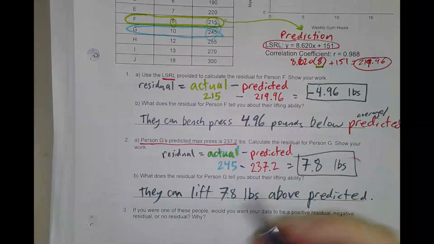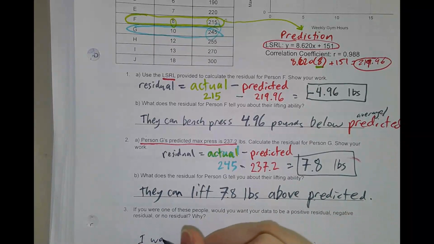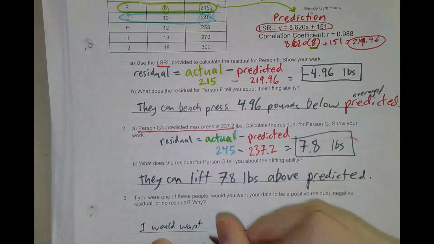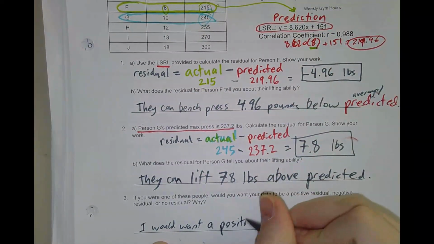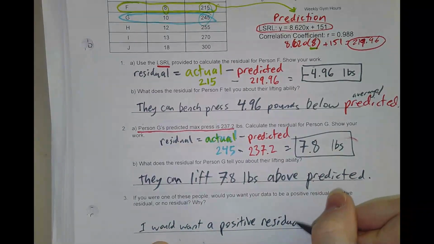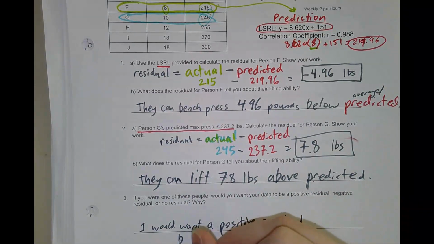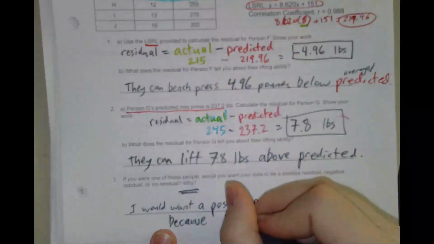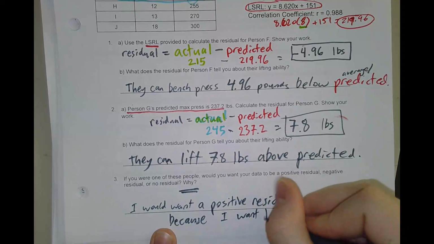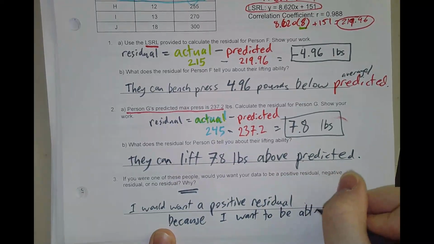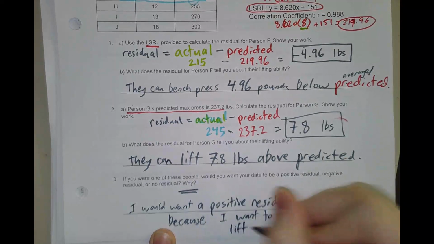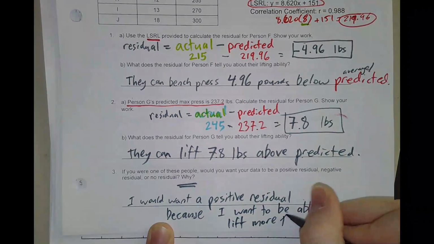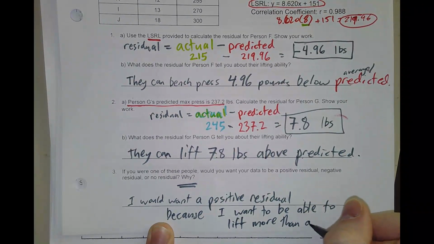That means your opinion might be different. So just an example would be, I would want a positive residual, because you have to explain to get the credit for this. I want to be able to lift more than average or more than predicted.